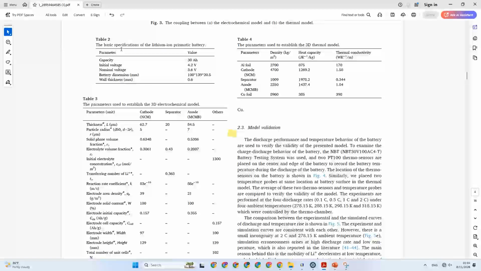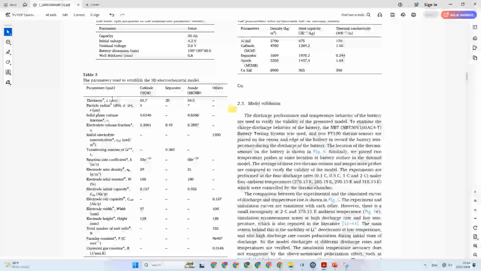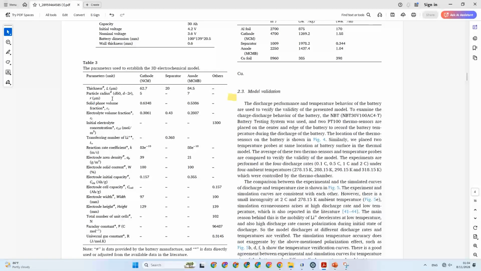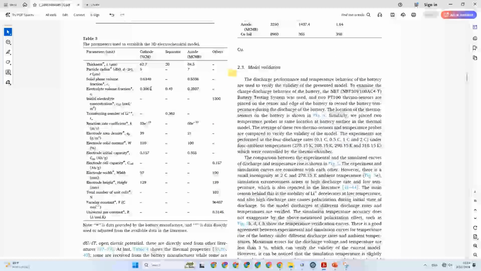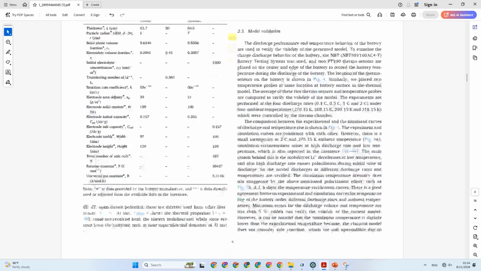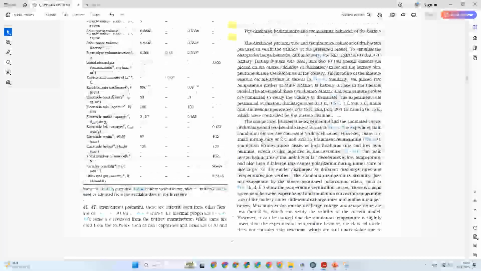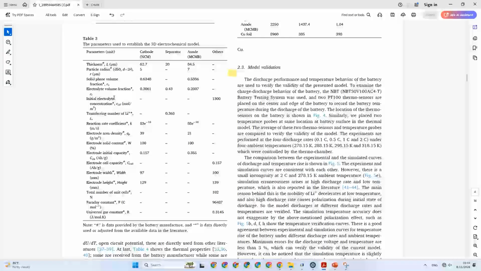This is maybe a general parameter, and this is for electrochemical. The thickness L, particle radius, D, and so on. Okay, we must translate all of them.